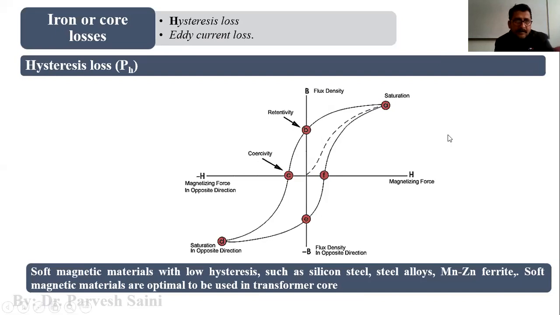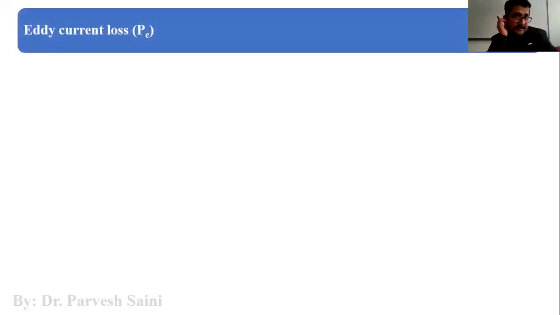So now let us see what eddy current loss is. The second category of iron losses is the eddy current loss. Eddy current loss is because of the circular currents which are formed within the ferromagnetic material under the effect of bidirectional flux.